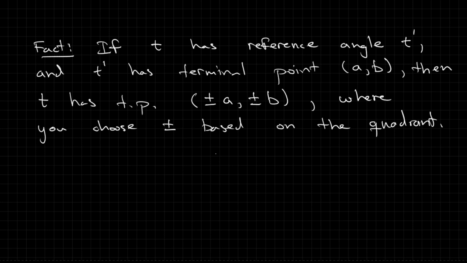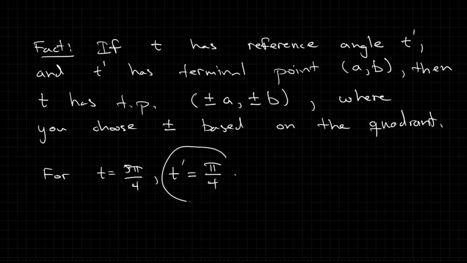So let's talk about this fact in the context of our example for t equals 5 pi over 4. For t equals 5 pi over 4, the reference angle is pi over 4. We're going to discuss in detail how to find this reference angle, but for now we'll just say we know that it's pi over 4.